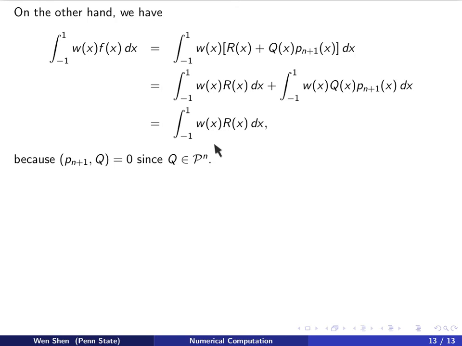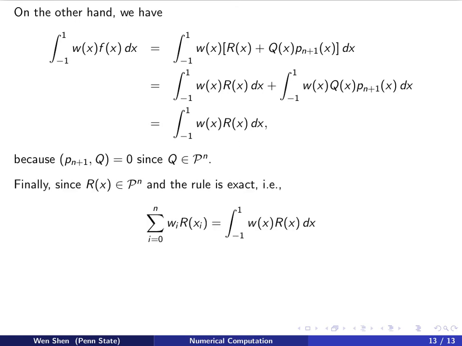So this first term is basically integrating this function r, the remainder. Now by construction, we know this remainder is a polynomial of degree at most n. And for any polynomial of degree at most n, my rule is exact. That is, applying the rule on it, I'll exactly get the integral. So remember, on the previous page, we showed that this is the same as applying the rule onto f.